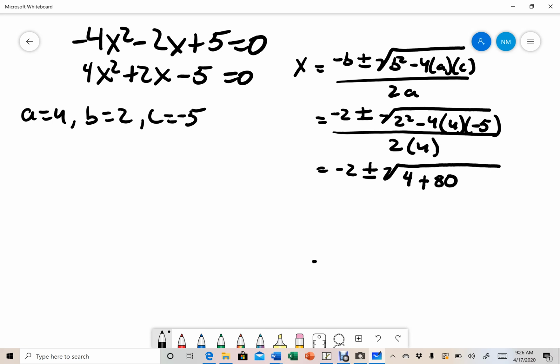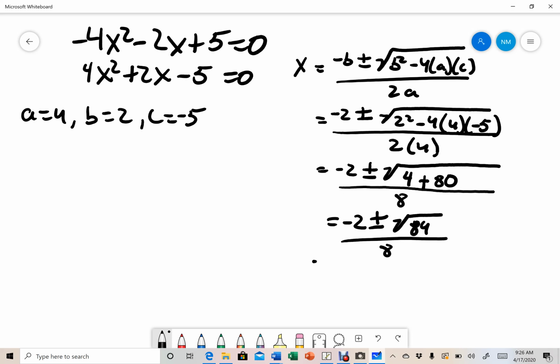Okay, so that's where we get that. Okay, so you're just multiplying all these numbers together. Then this is divided by 8. Okay, now let's combine our like terms. So negative 2 plus or minus the square root of 80 plus 4, 84 over 8.